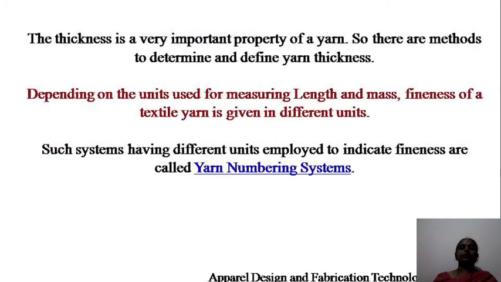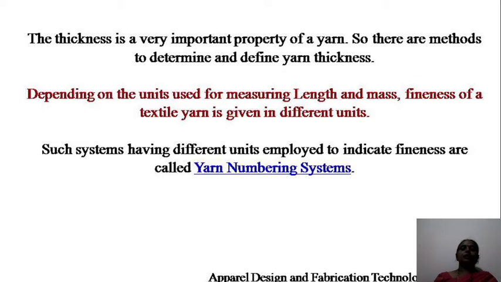The thickness is a very important property of a yarn. Thickness is coarseness, whether it is coarse or thick. So there are methods to determine and define yarn thickness. Depending on the units used for measuring length and mass, the fineness of a textile yarn is given in different units.